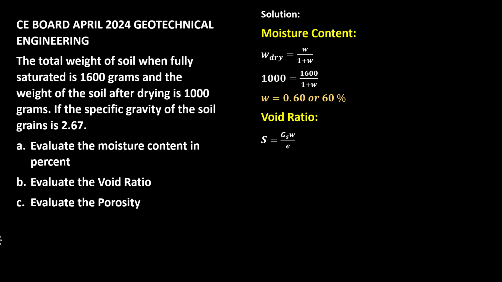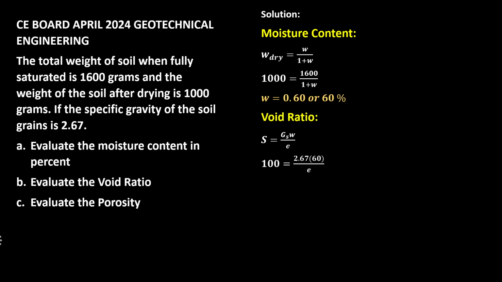It was also mentioned in this given problem that the specific gravity is 2.67, and we have already calculated the value of the moisture content, which is equal to 60% or 0.60. As we can see in our given formula, what is only missing is the value of e, which is our void ratio, meaning we can use this formula to solve for the void ratio.